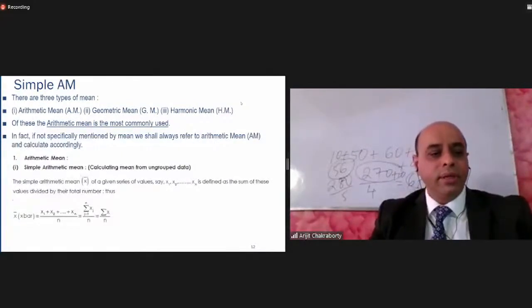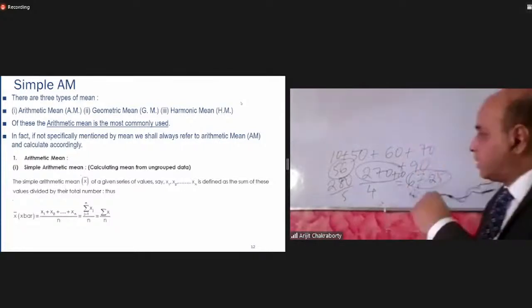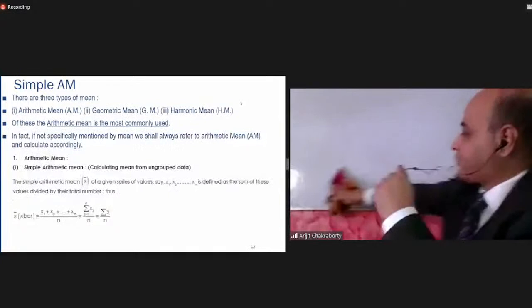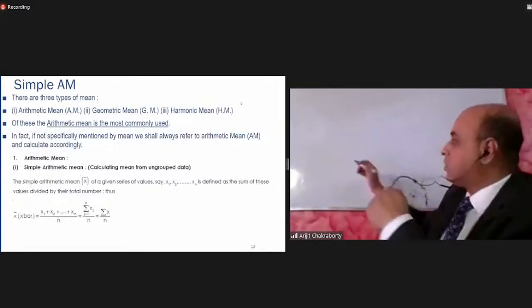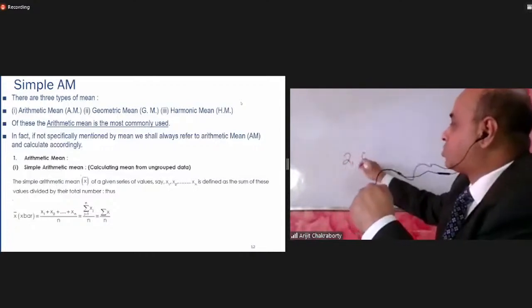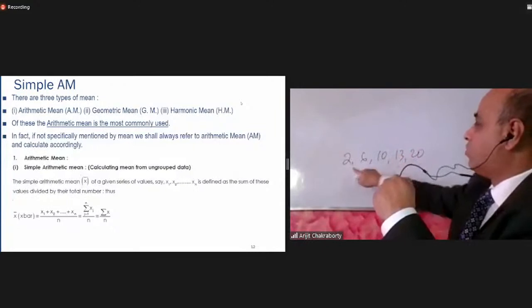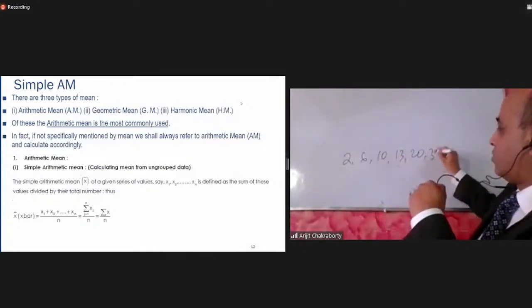So arithmetic mean, when we are calculating, it is just summation divided by n. For example, when taking some observations, say I'm randomly taking 2, 6, 10, 13, and 20, and one more, say 31.